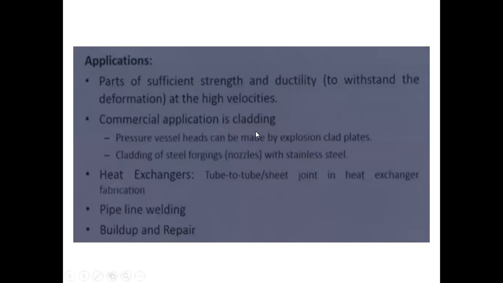The commercial application is cladding. Pressure vessel heads can be made by explosion clad plates; that is one specific application. Cladding of steel forgings, nozzles, stainless steel, all those nozzles and turbines, even those are clad. Heat exchangers, tube to tube or tube to sheet.